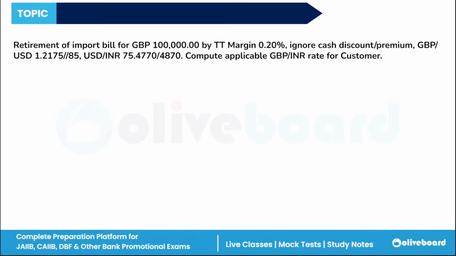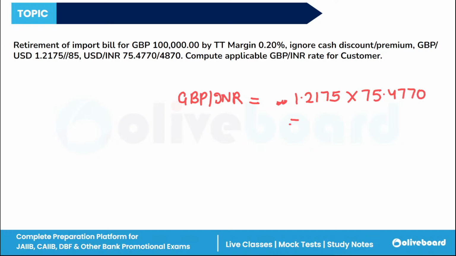So for this, what we can do here, for the British pound, the rate that is given is 1.2175, just multiply it by 75.4770. So it is equals to 91.9497.